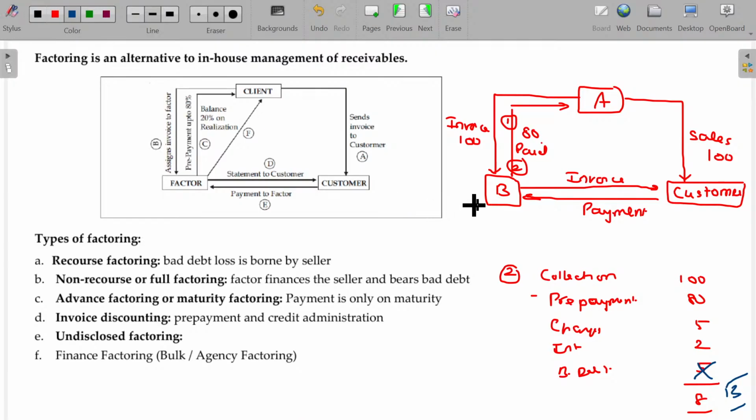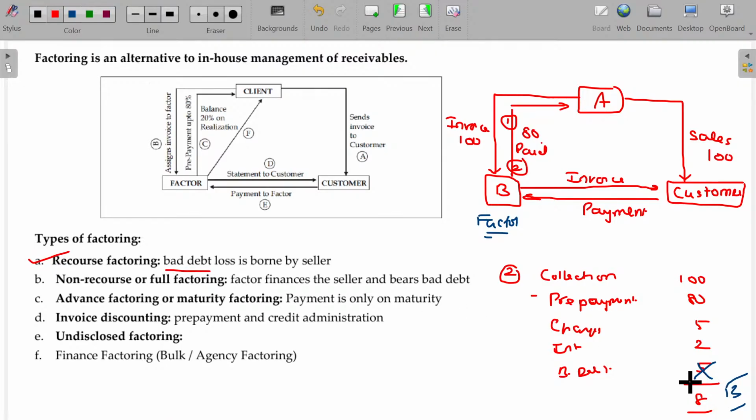Here, B taking this role is named as the factor. The process that is undergoing is called factoring. Because of this mode, A gets the money in advance. He gets the money today itself, right? He doesn't want to wait for a long period. That's an advantage. So, recourse factoring: bad debt loss is borne by the seller.